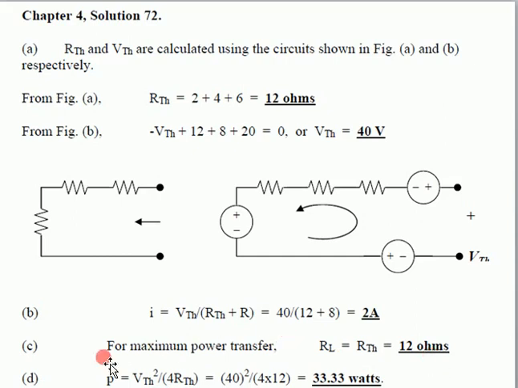At the end we have to find the maximum power. So P max is equal to V Thevenin square divided by 4 R Thevenin, and that is equal to 33.33 watts.